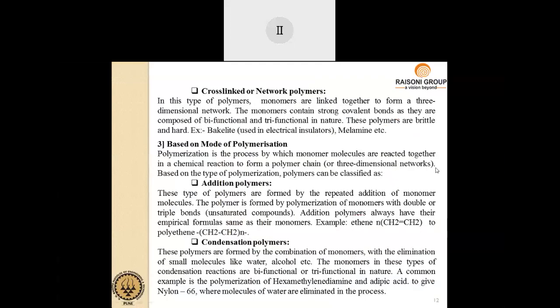These polymers are brittle and hard because they are closely linked with each other. Bakelite is an example.